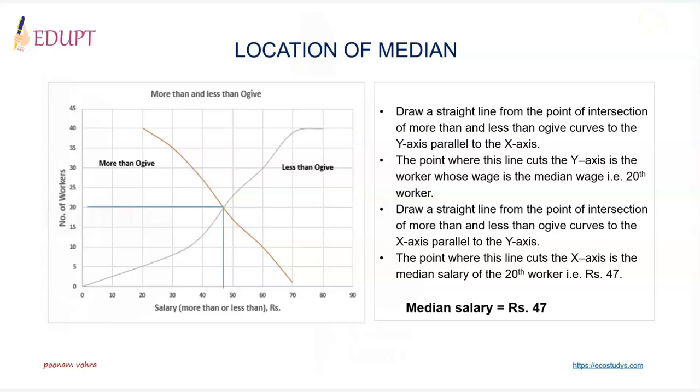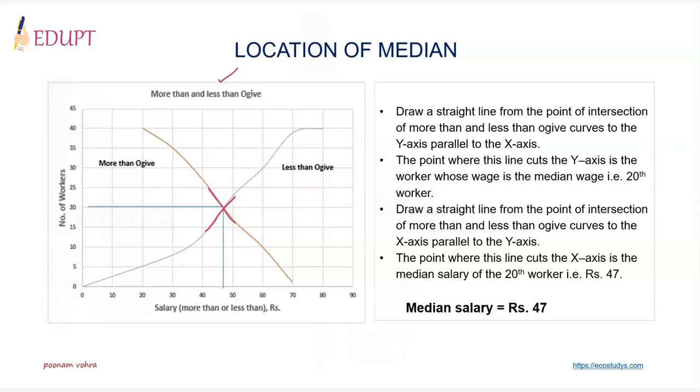Let us understand how is median located graphically. Have a look at the graph. Here both less than and more than or gives are plotted on the same graph, where we have found that less than or give is upward sloping and more than or give is downward sloping.